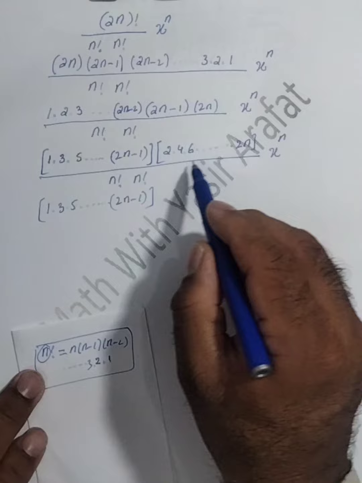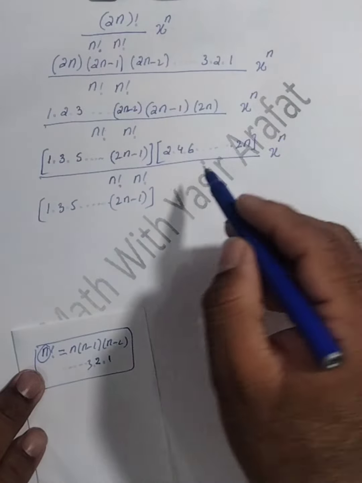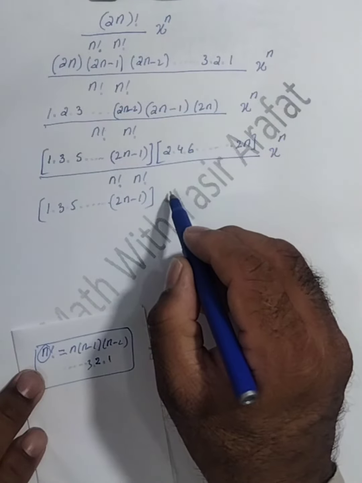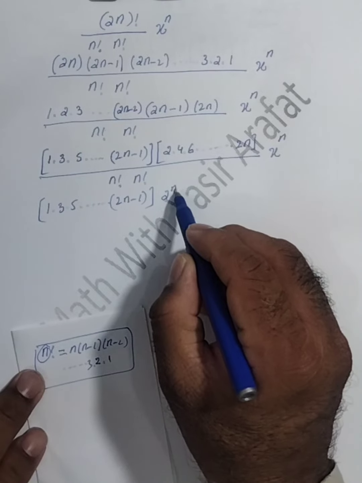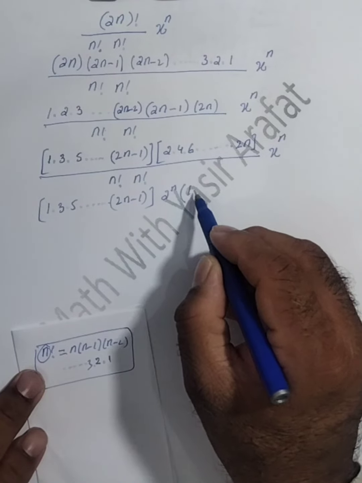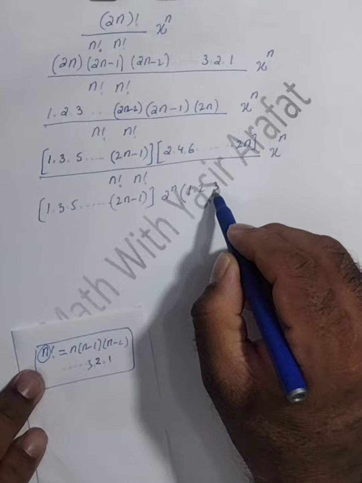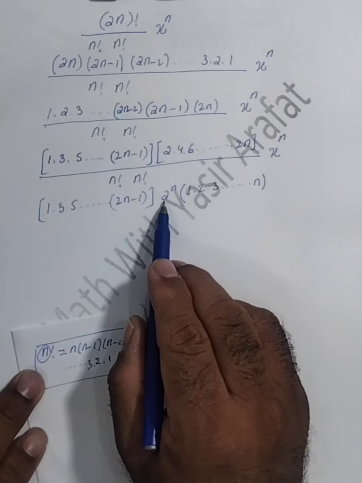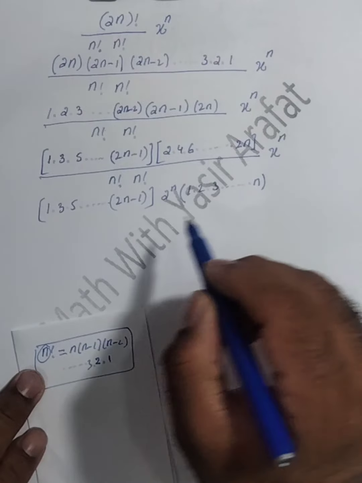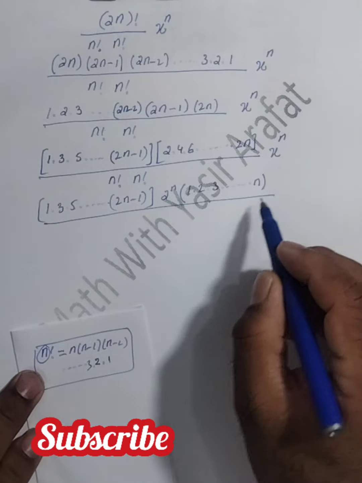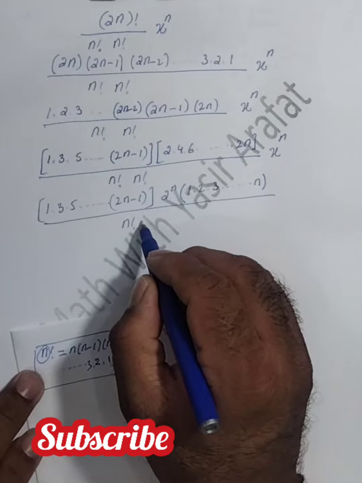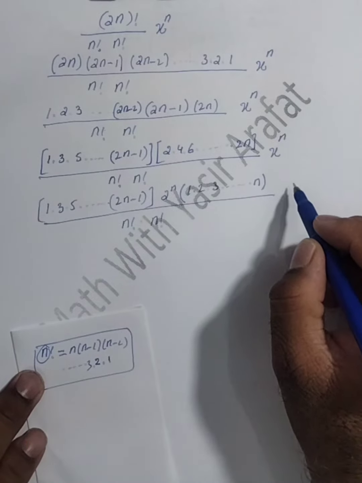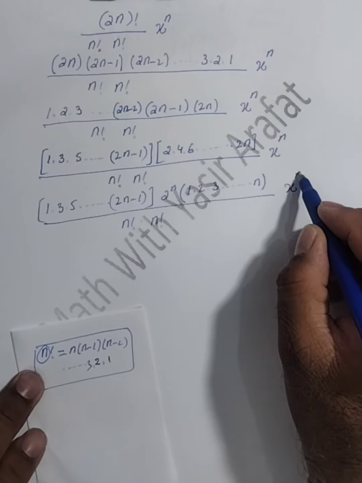So we can take out 2 power n common from this expression. So that will be 2 power n into 1 into 2 into 3 and so on up to n. So this is n factorial, and this is x power n.